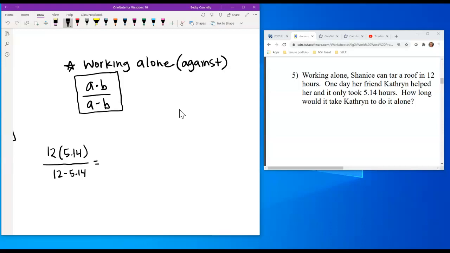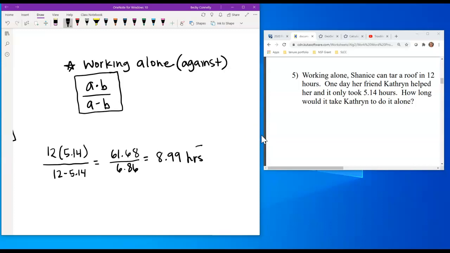Putting that in, the top is 61.68, and the 12 minus 5.14 is 6.86. When we divide those two, we get about 8.99 hours, so almost 9 hours for one person to do it by themselves.